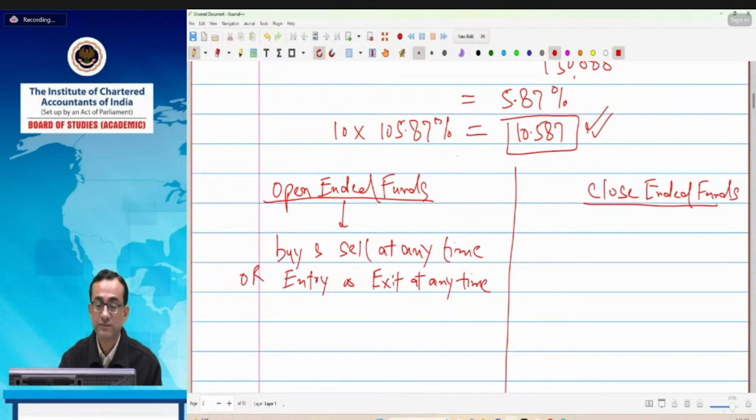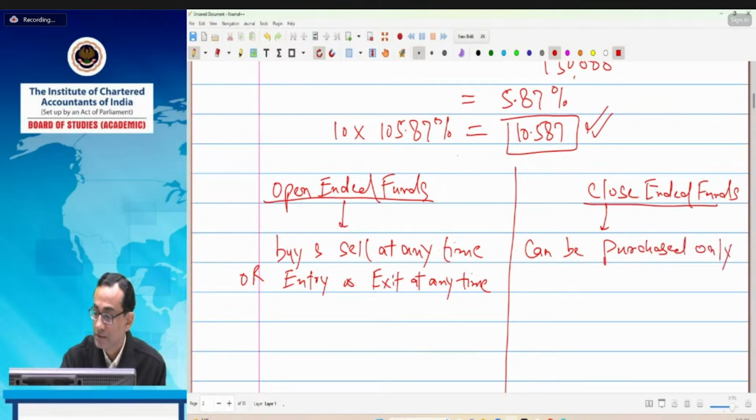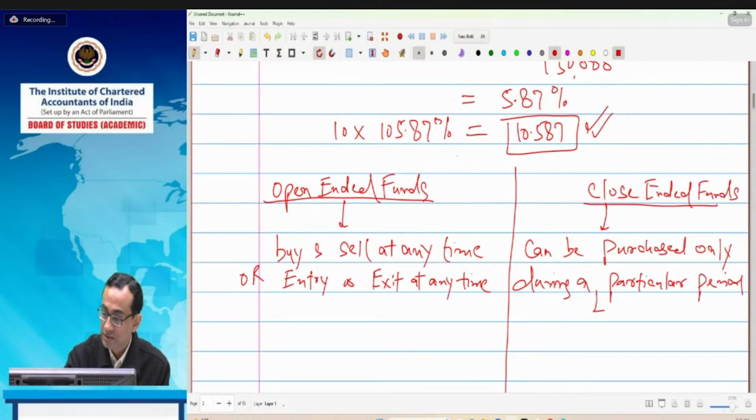What about the closed-ended funds? As the word says, closed, it means they are only available for purchase during the period when the mutual fund is launched. It is also called the NFO of the mutual fund. So closed-ended funds can be bought only during the NFO period.